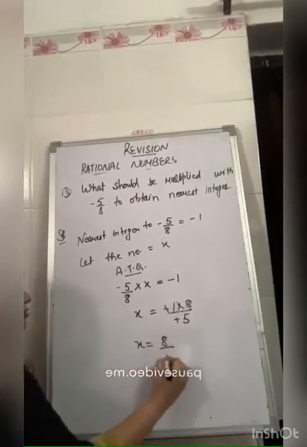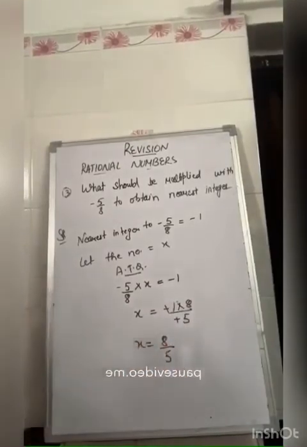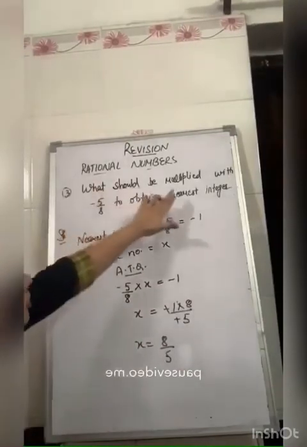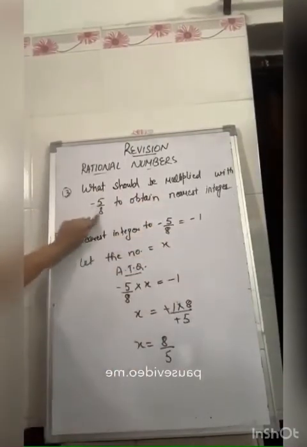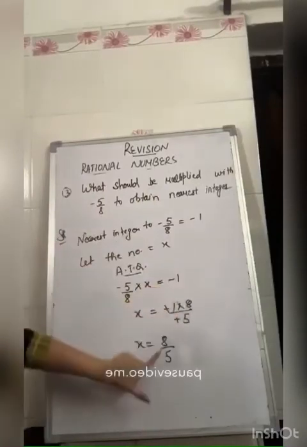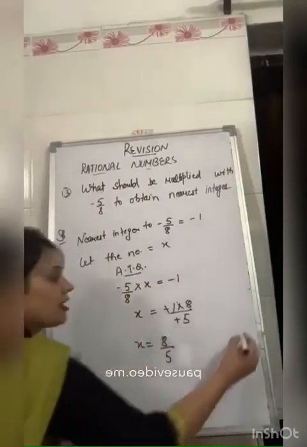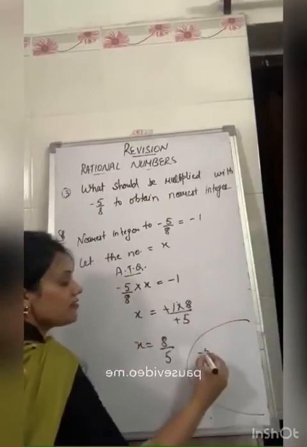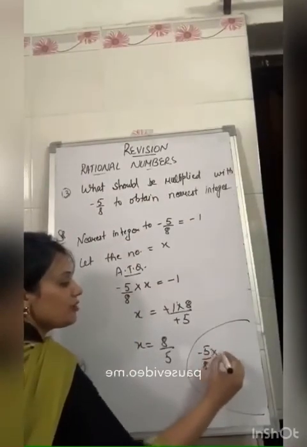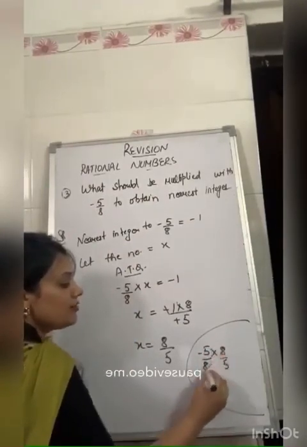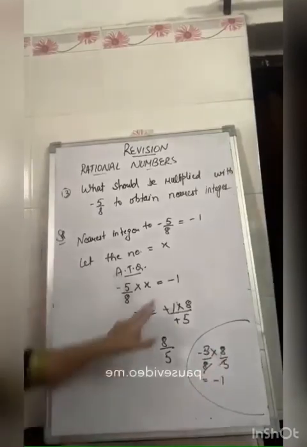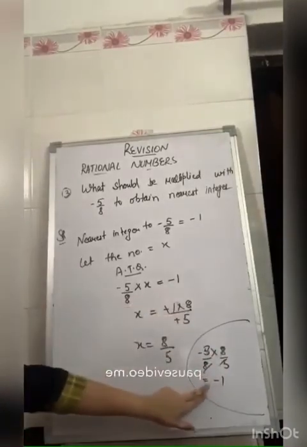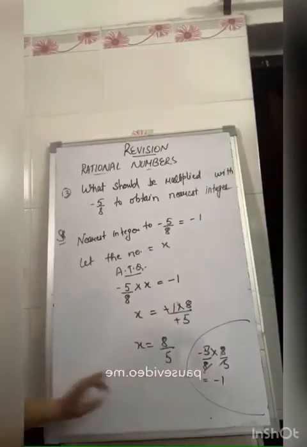So we are left with 8 over 5. So by what number should we multiply minus 5 by 8 to get minus 1? That is 8 by 5. See, minus 5 by 8 when multiplied with 8 over 5, we get our minus 1. This is just for your checking, right?